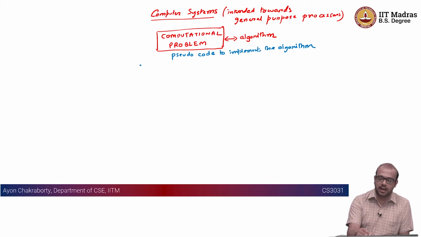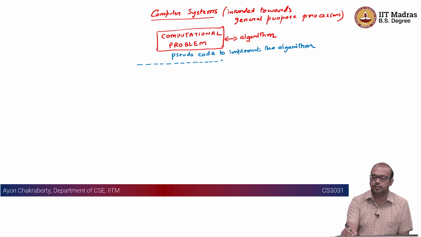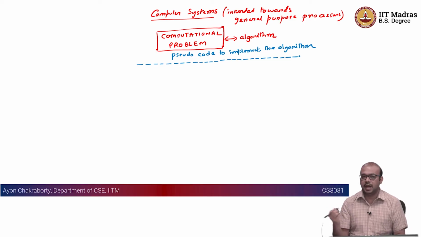So, this is like an abstraction that is being provided at this layer, that if you want to take input from the user, you know what kind of APIs or library functions to use, right. If you want to, let us say, initialize an array, you know how to do it in a high level programming language.